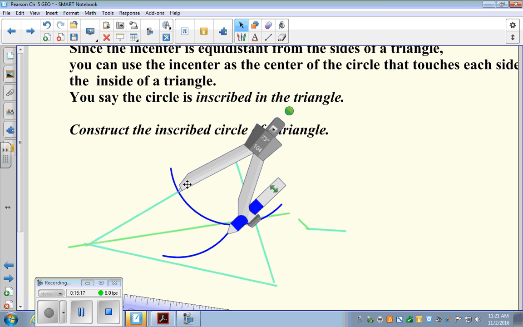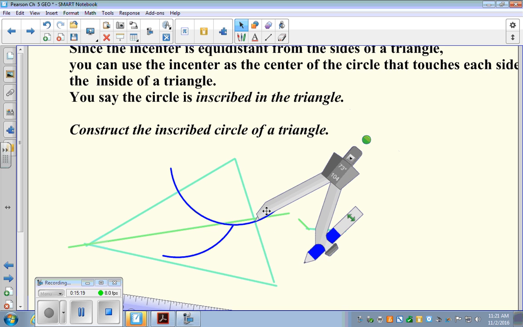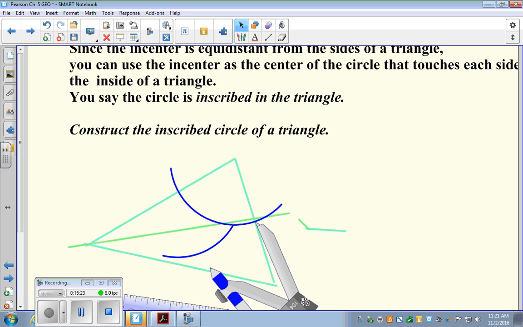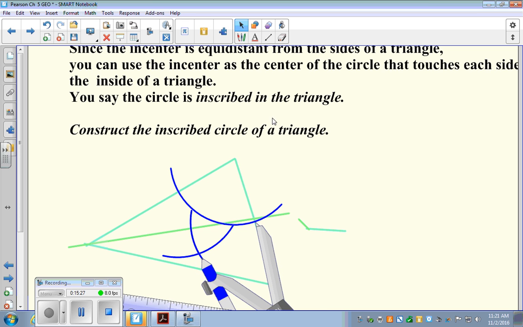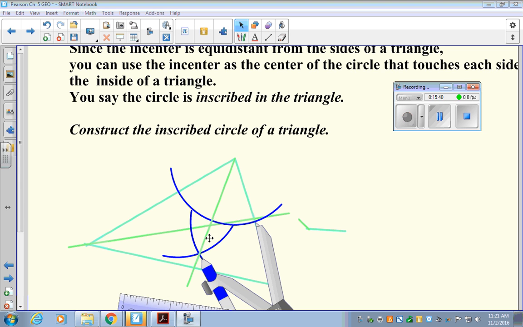And then pick it up, put it to the other side. Where those two arcs meet, the line's going to go through that. Then we're going to do that to our remaining side.